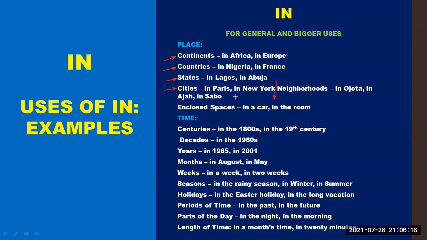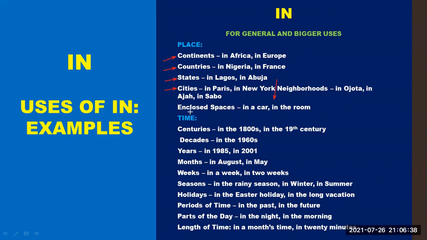So let's break this, because the next thing we are going to look at is neighborhoods. All right, we have looked at cities, then we look at neighborhoods. Now, in Ojota, in Aja, in Sabo, when you have a community or a neighborhood, of course, it's appropriate to use in.